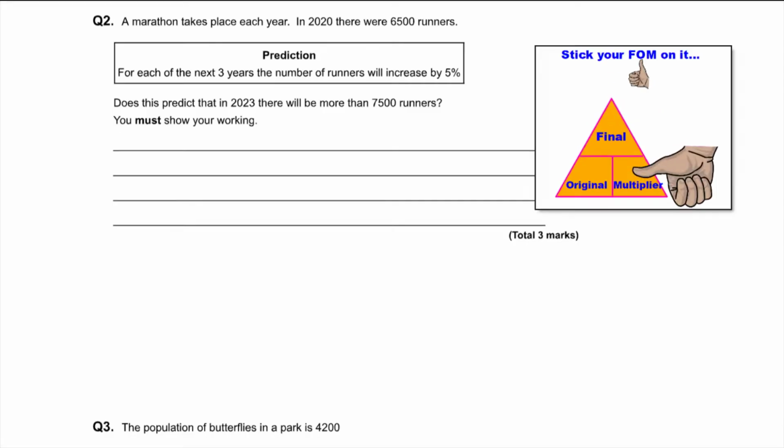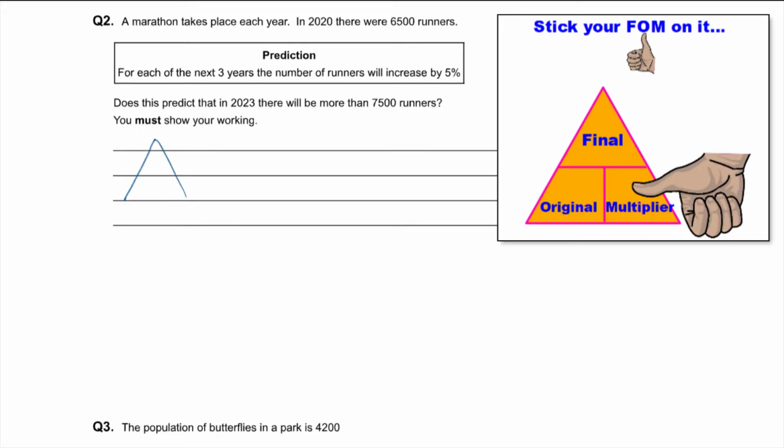Okay, so I'm not going to be using the horrible complicated formula in the formula sheet. I'm just going to use my FOM, and I'm going to add a Y on the end for the number of years. So rather than FOM, it's going to be FOMY today. Right, so what's what? Final is the thing we want to find. The prediction in 2023, that's what we're looking for.